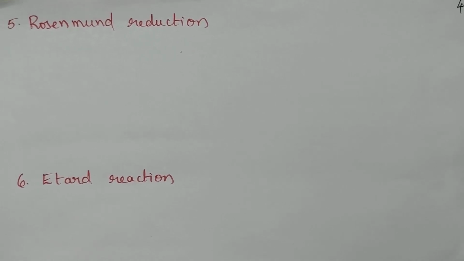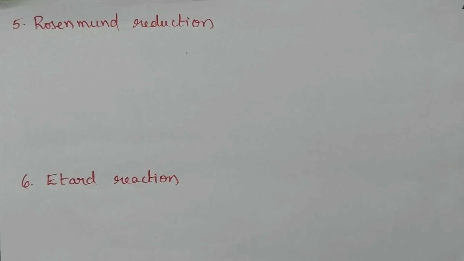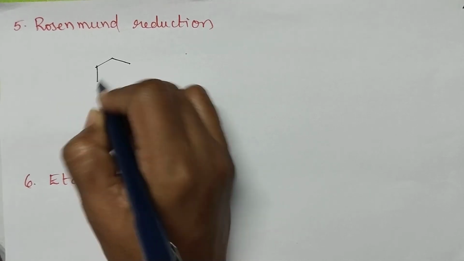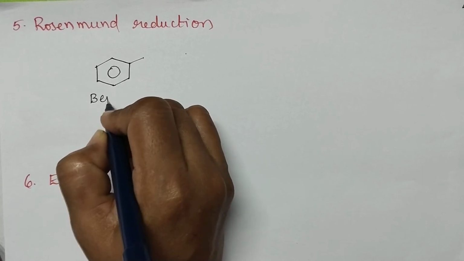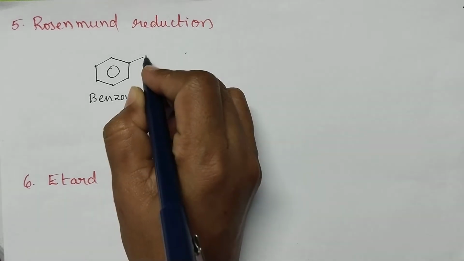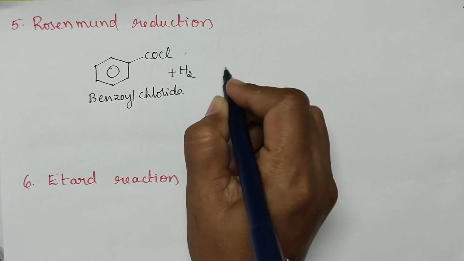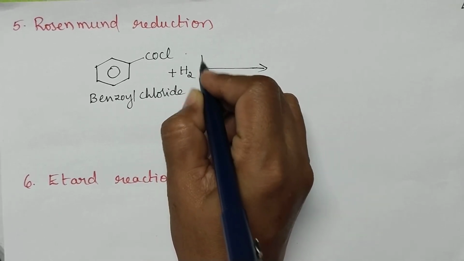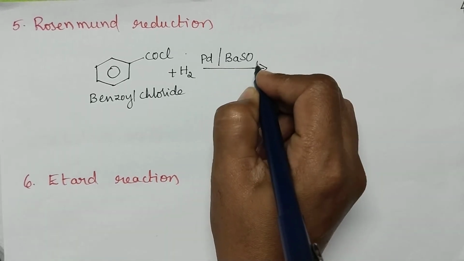Next, we will discuss the Rosenmund reaction. And this reaction is highly useful for the preparation of benzaldehyde. So, let us consider an acid chloride. That means, let us consider benzoyl chloride, C6H5COCl, and it undergoes reduction in the presence of palladium and barium sulphate.